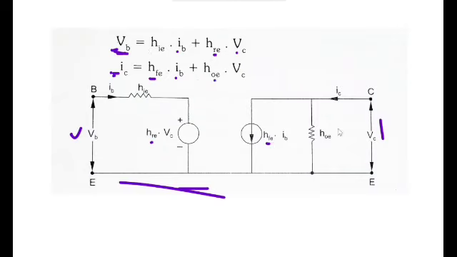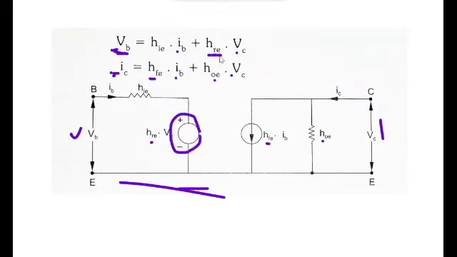And the second term is HOE, the output admittance in the emitter configuration, multiplied with the output voltage VC. In the first equation, this is the reverse voltage gain. The voltage gain is because of some source, some active element or active part, because of which we get some gain at that point. It is HRE into VC.